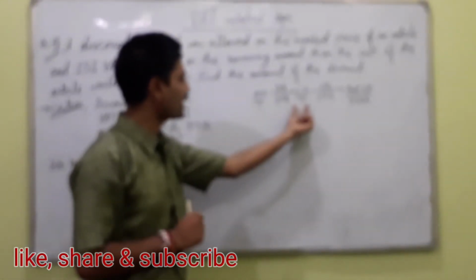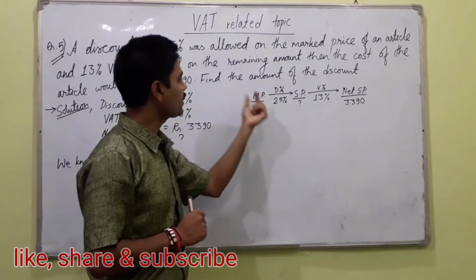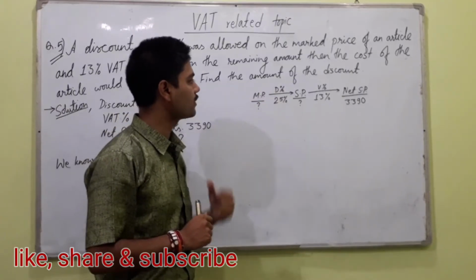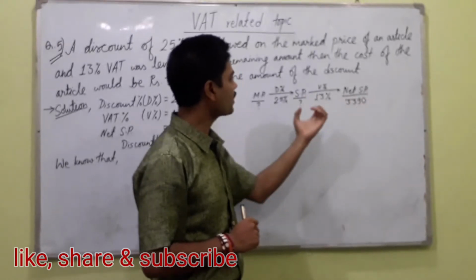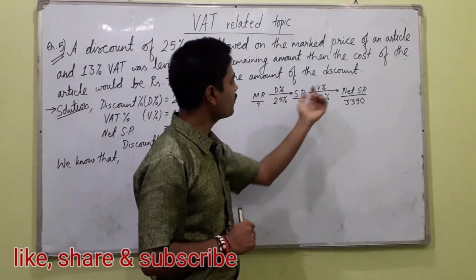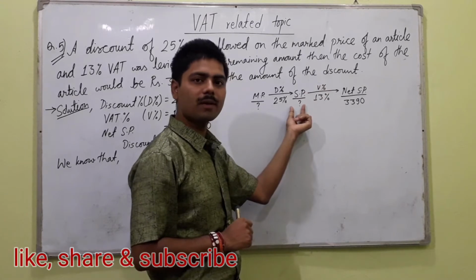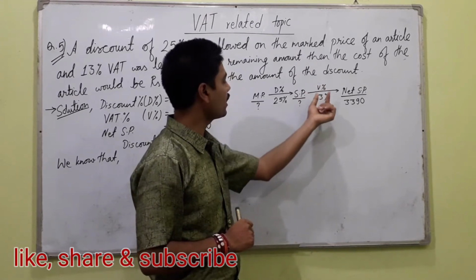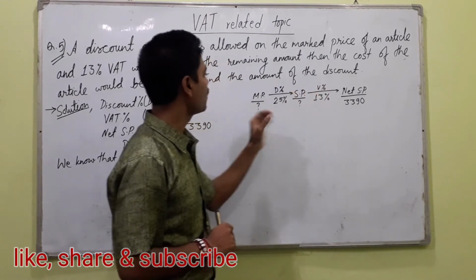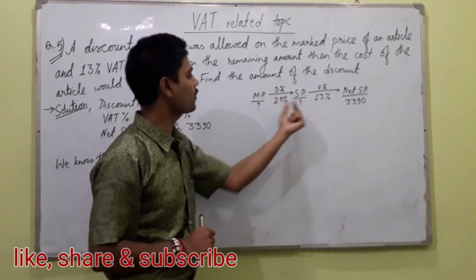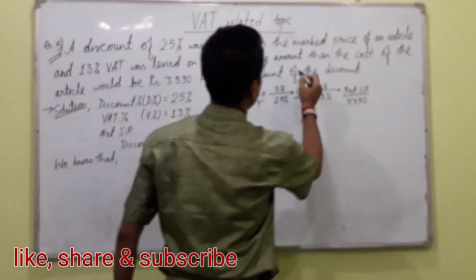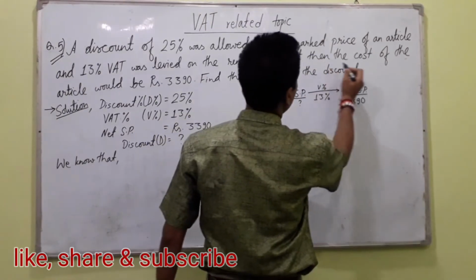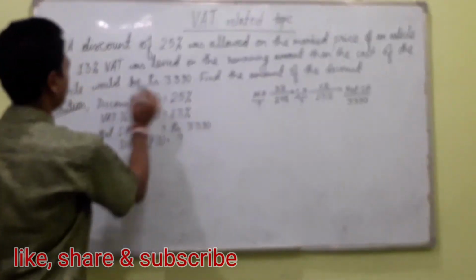Selling price is the amount after getting discount on a mark price, whereas net selling price is the amount after adding VAT on the actual selling price, which is given by the shopkeeper.